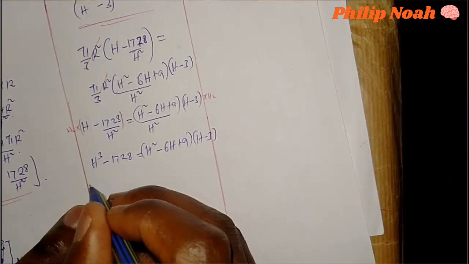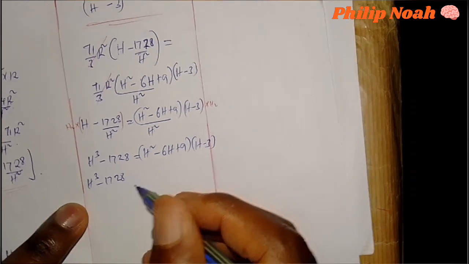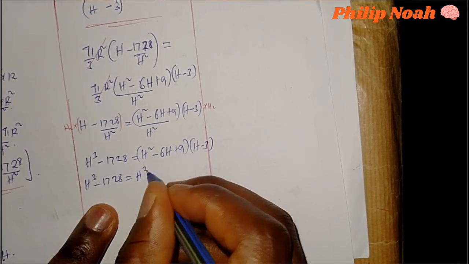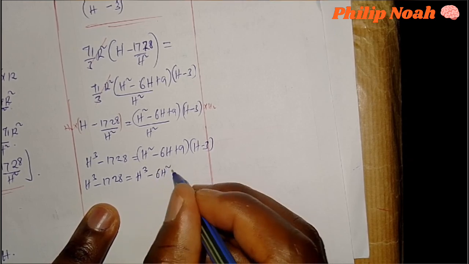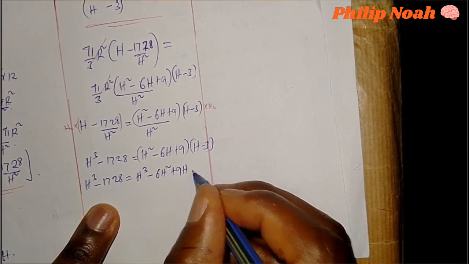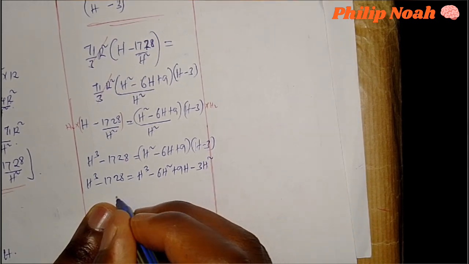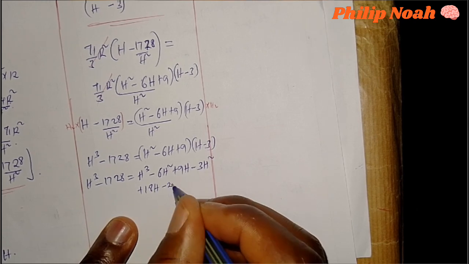This will give us h cubed minus 1728 is equal to h cubed minus 6h squared plus 9h minus 3h squared plus 18h minus 27.